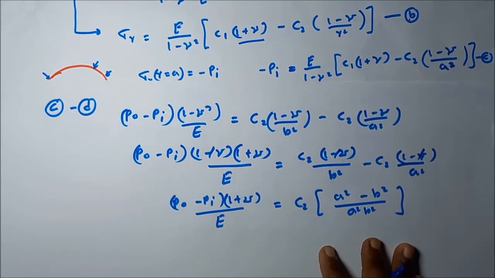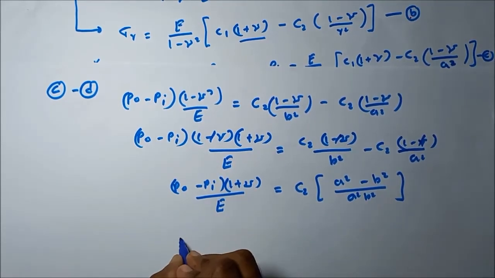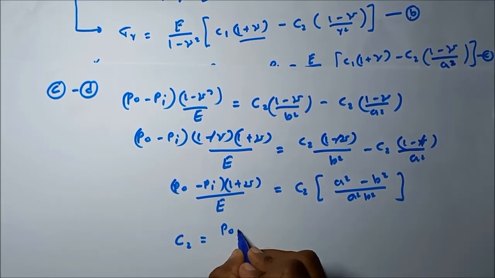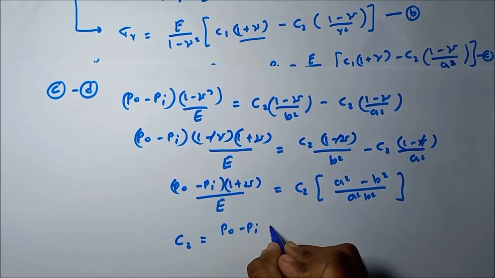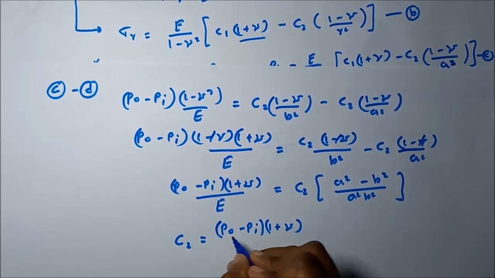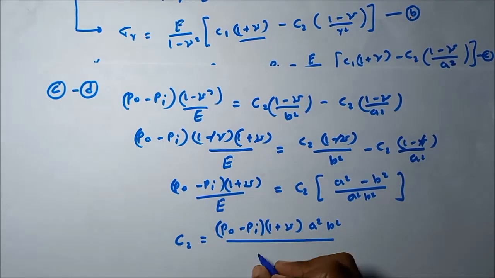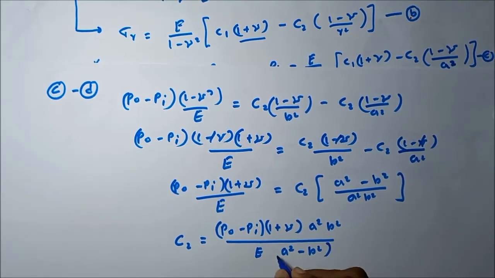By making the C2 the subject, C2 is equal to (P naught minus Pi)(1 plus nu) a square b square divided by E (a square minus b square).